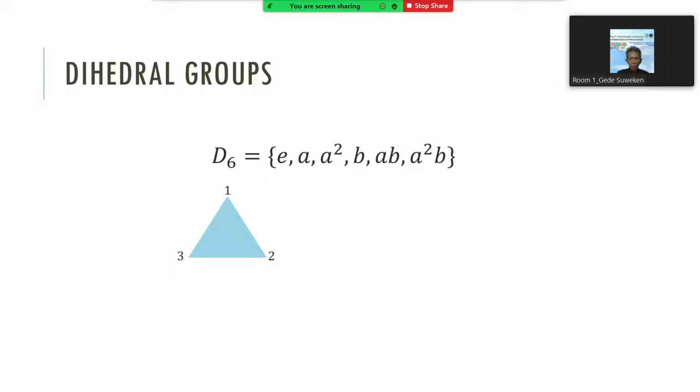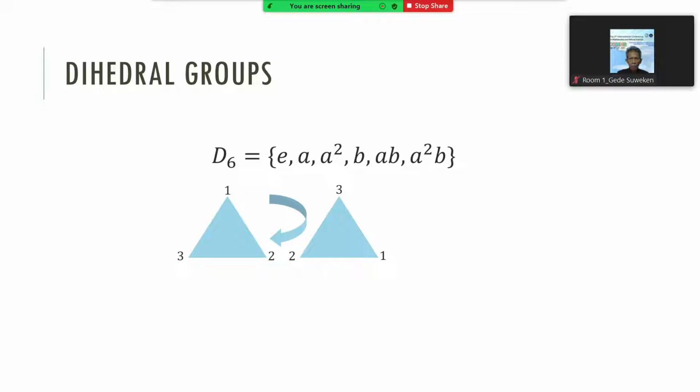If we rotate this triangle 120 degrees, we have the exact same triangle. But if I give a number to each corner, we can see that number 1 is rotated into number 2, and also number 2 into number 3. It is rotated 120 degrees.